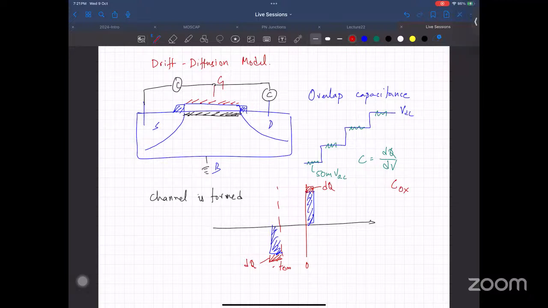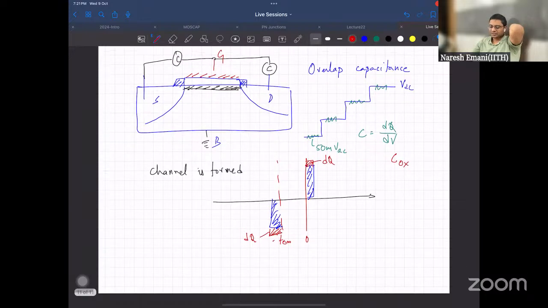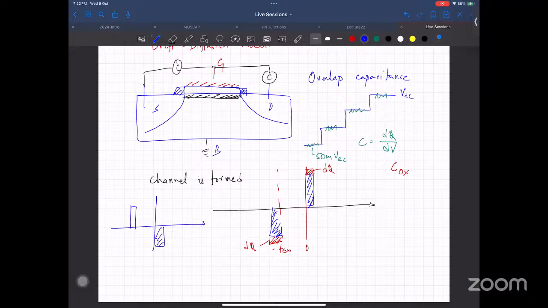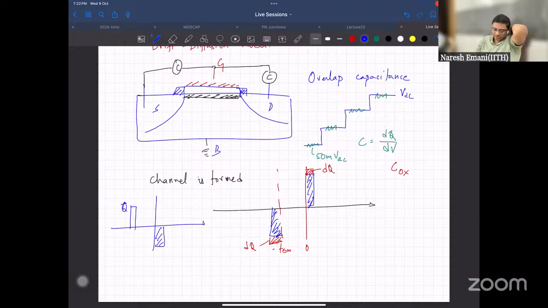But now, when we bias it in inversion and have a linear mode operation, you have plus charge here, and there's a minus charge on this side. This is my Q and this is my minus Q. Effectively, half of this minus Q is coming from here and half from here, so it's connected to both.